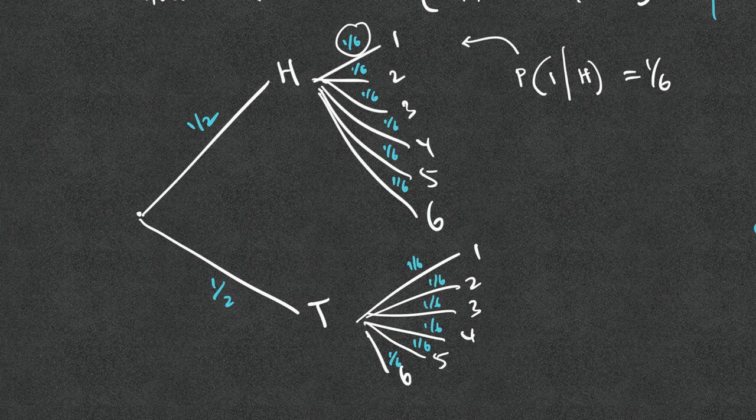Similarly, the number 1 over 6 in this branch indicates the probability of getting a 6 given that the coin is head. And again, that probability is 1/6. In general, we do not expect the two numbers to be the same.